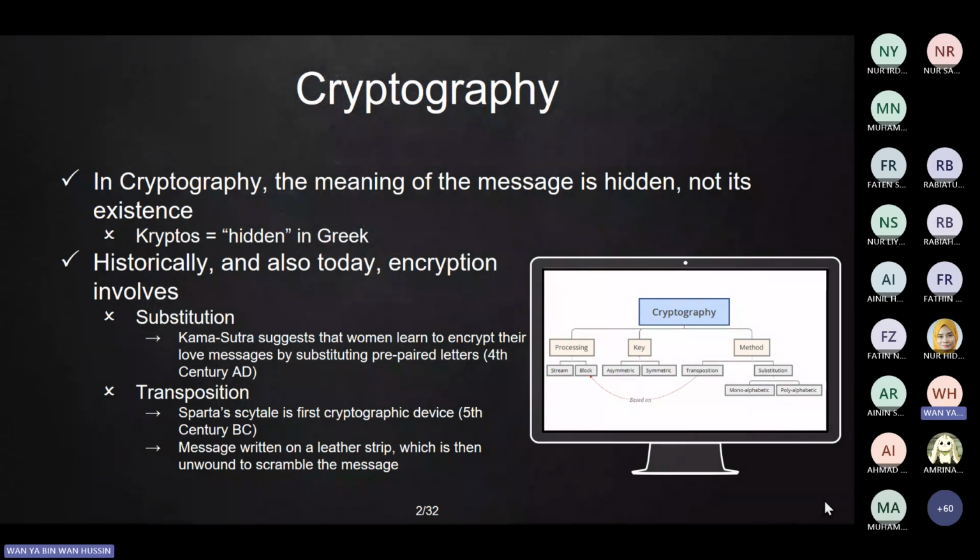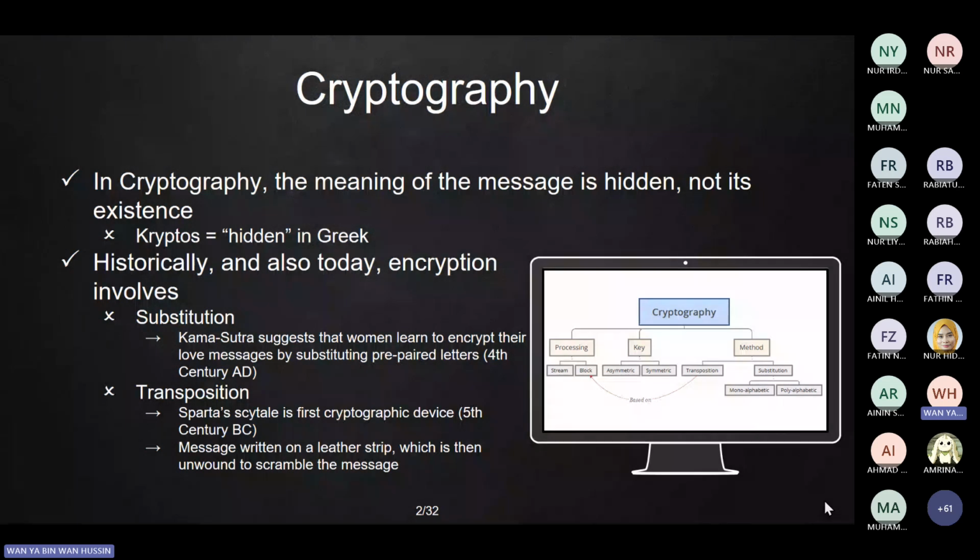Means the entity is there, but the other person who is unauthorized cannot comprehend that message. So it means the meaning of the message is hidden. And we can do this via substitution and transposition.